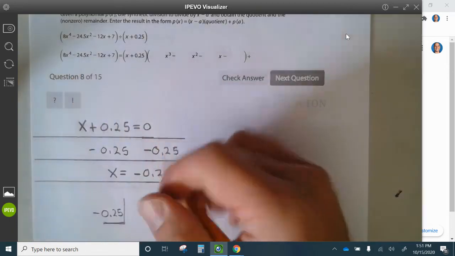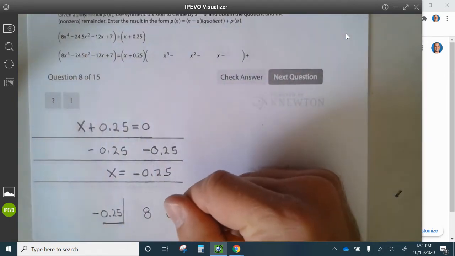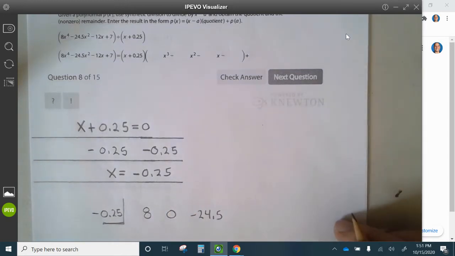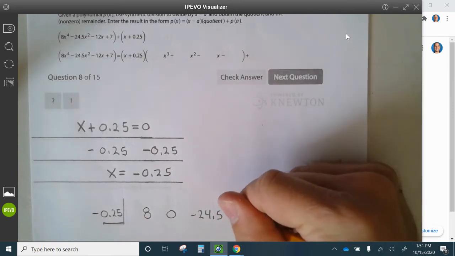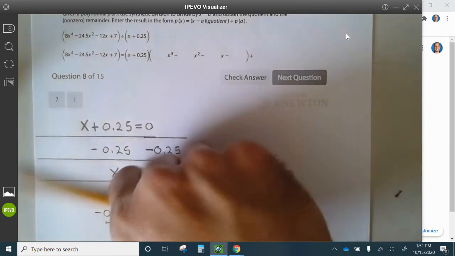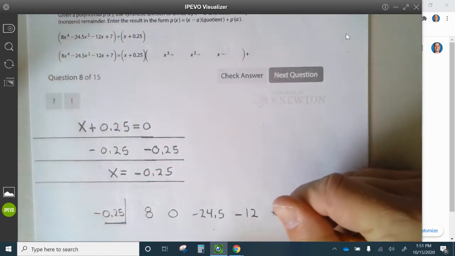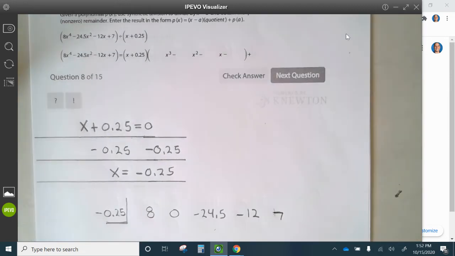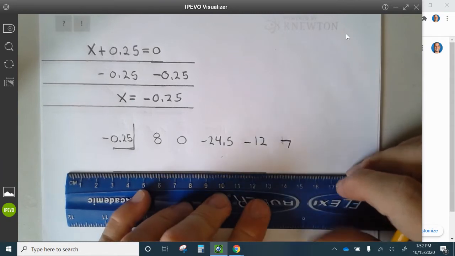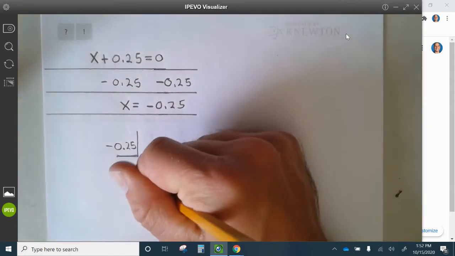So that's 8. Now we're missing the cubed, so that's 0. And then negative 24.5, minus 12, plus, you don't need to put the plus, you just have to put the 7. Okay. Let's extend this line out. Okay. So you bring down the 8.